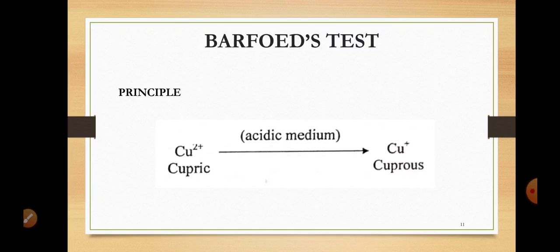Since acidic medium is unfavorable for reduction, only the strong reducing carbohydrates, that is monosaccharides, give a positive test. So it is mainly for the monosaccharides, and to identify whether reducing sugars are mono or disaccharides, this test is useful.